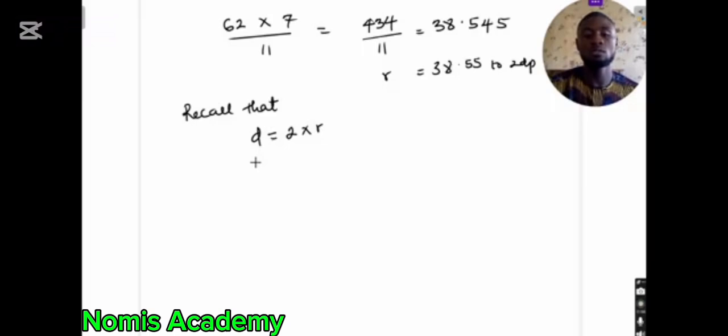So the diameter is equal to 2 multiplied by 38.55. 2 times 5 is 10, remainder 1. 2 times 8 is 16 plus 1, 17, remainder 1. 2 times 3 is 6 plus 1, that is 7. So the diameter of the circle is 77.10 centimeter.